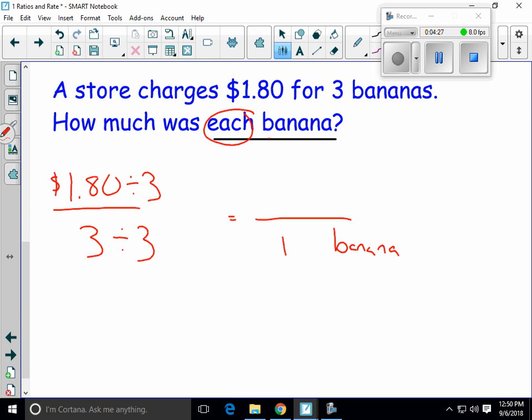Put that in the calculator, you would get 0.6. And since we're talking about money, we'll always write it to the hundredths place. We'll go 1 more decimal place. So it's 60 cents for 1 banana. And when you're reading this, 60 cents, you are going to use a decimal and the dollar sign, because it really means $0.60.